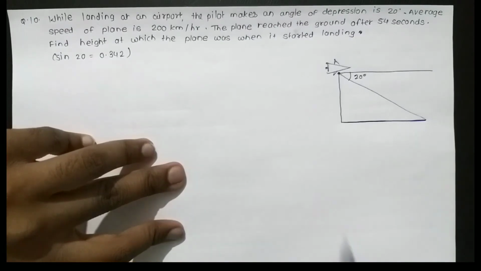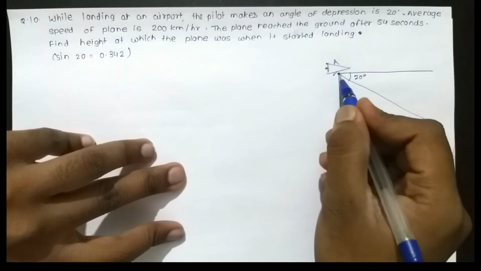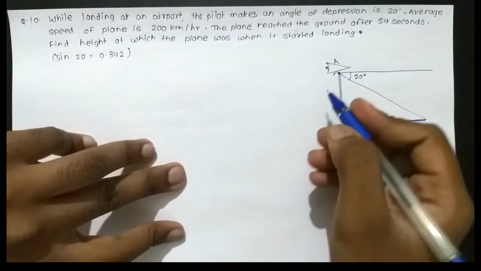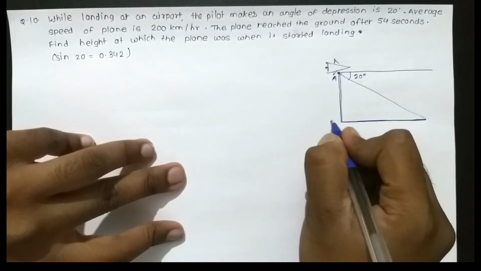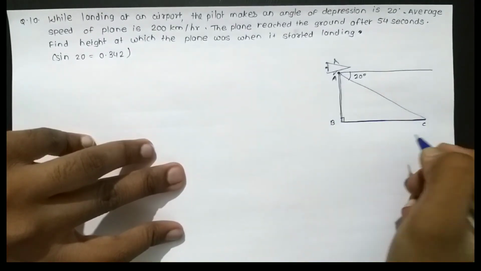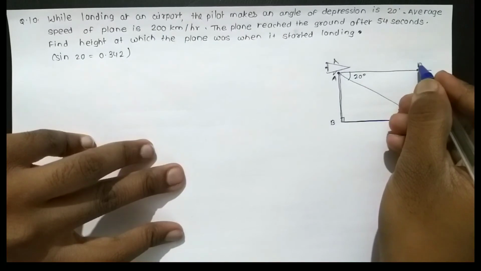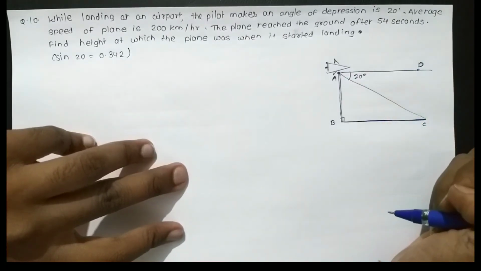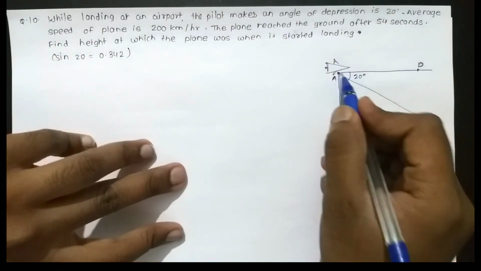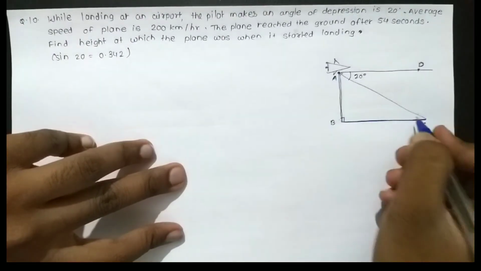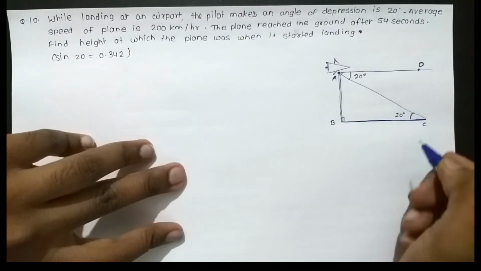We have to find this height. I name the points here A, B, C, and this point is D. So the alternate angle of DAC is ACB. So here it is also 20 degrees.